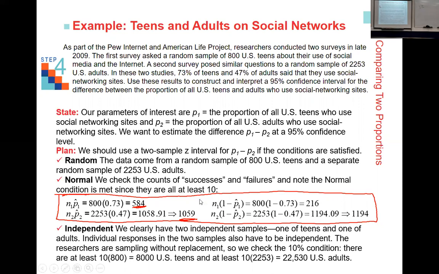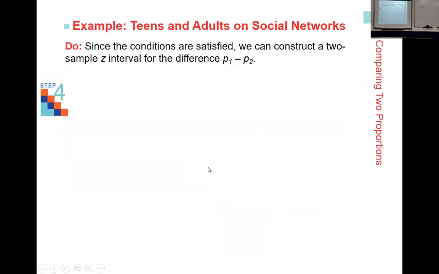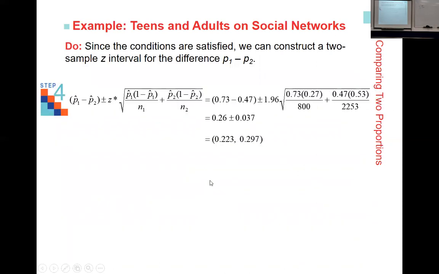Formula, plug in the numbers, answer for step 3. There it is. Again, it's a complicated formula, but it just slots the formulas for 2 proportions into the general confidence interval formula. So while you look through that and write that down, let me show the calculator.